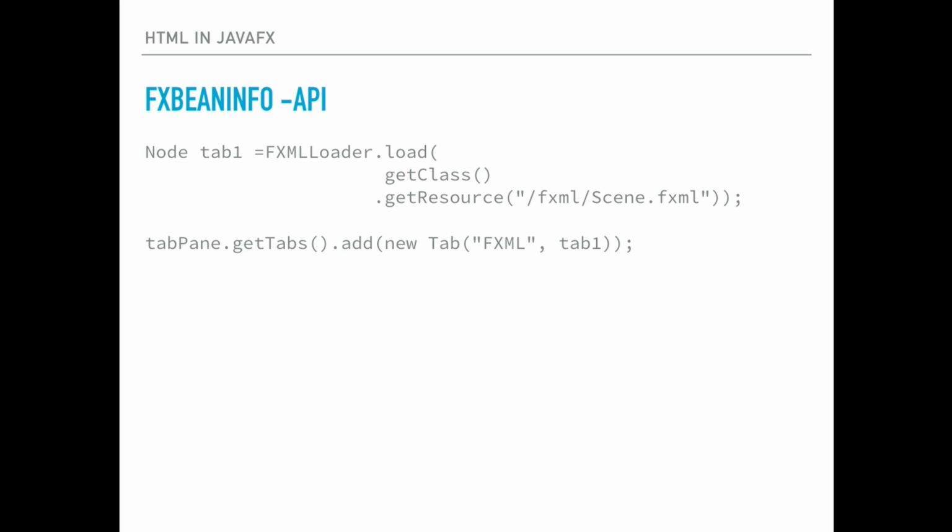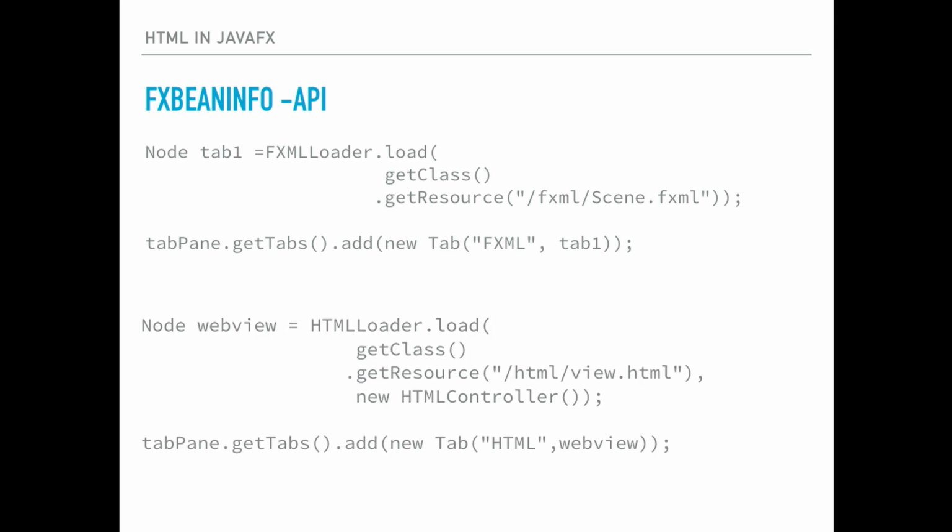So the FxBeanInfo API can be used like this. So it probably looks quite familiar. You have the FXML loader, you load an FXML file, and then you put it somewhere. And you now also have an HTML loader. You can load HTML from a URL. The only thing that is different is that you pass a controller directly.